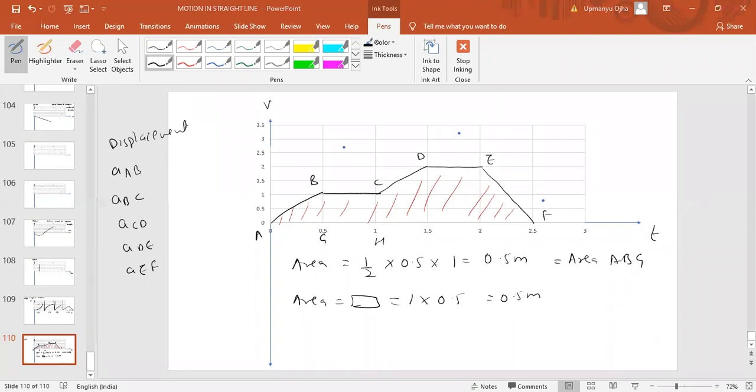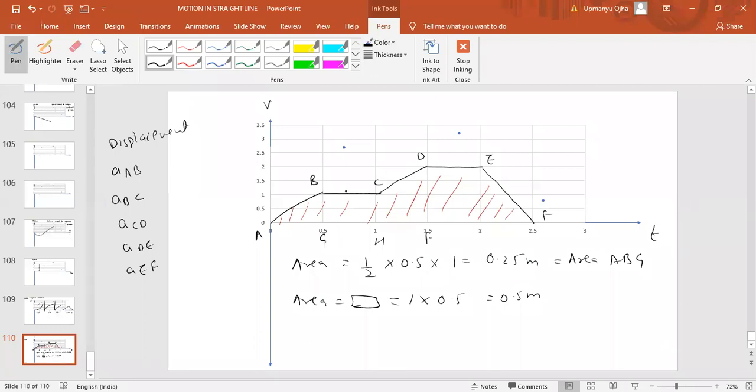Okay, fine. Then you have to find the area of this HCDF. Can you get the answer for this? So I think you can find all the triangle here. Half it should be 0.25. See. So what we need to do, we have to simply find the area of all the parts. Okay, fine. So area of ABG 0.25.